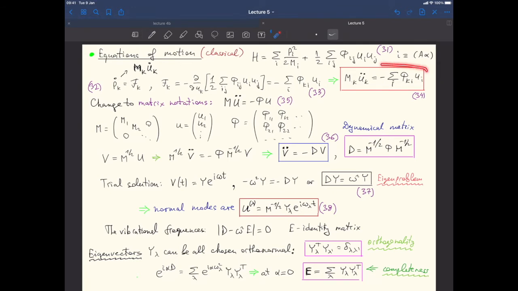So our Newtonian equations of motion are here, and we have many such second order differential equations, one for each degree of freedom of our system. These equations can be written in a matrix form like this.